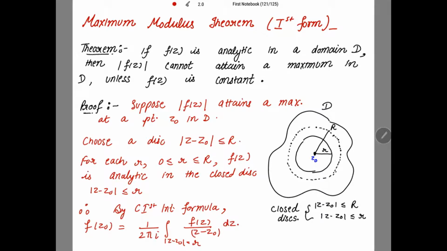Since it is a closed disk, we can take now the polar form, right? So what we will do? We will let z minus z0 be equal to r e to the power iota theta, and limits will change to 0 to 2 pi, right?